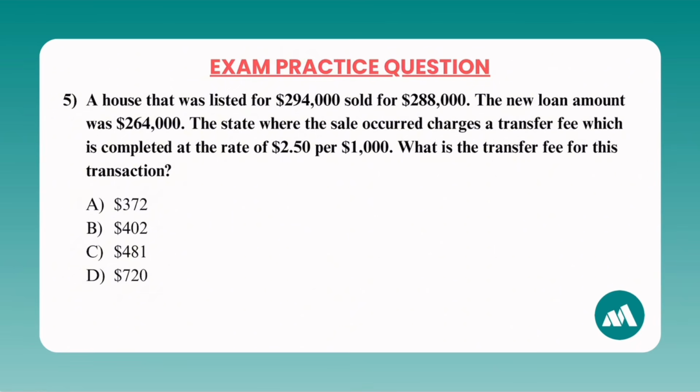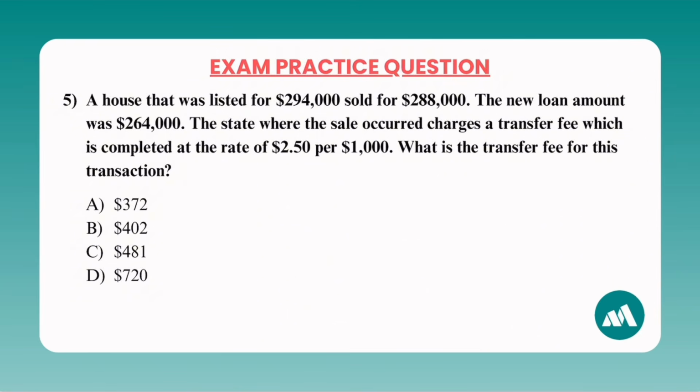Number 5, a house that was listed for $294,000 sold for $288,000. The new loan amount was $264,000. The state where the sale occurred charges a transfer fee, which is computed at the rate of $2.50 per $1,000.